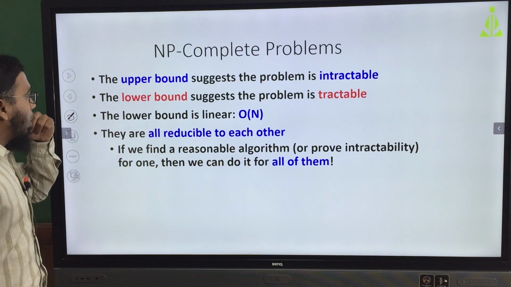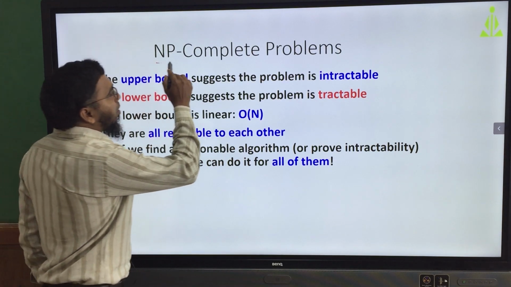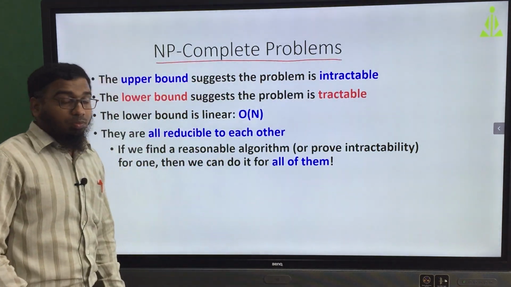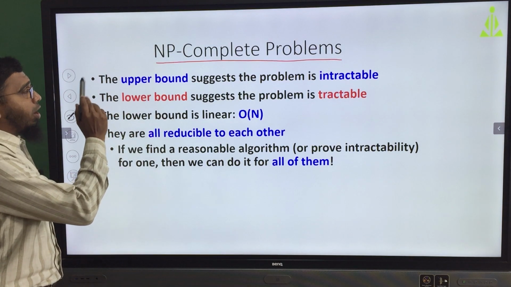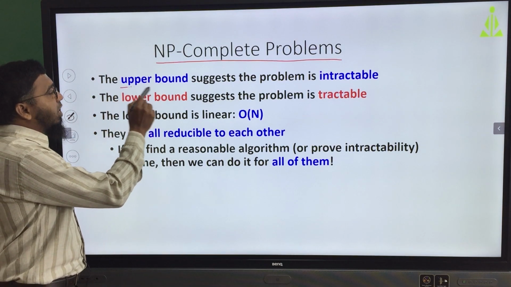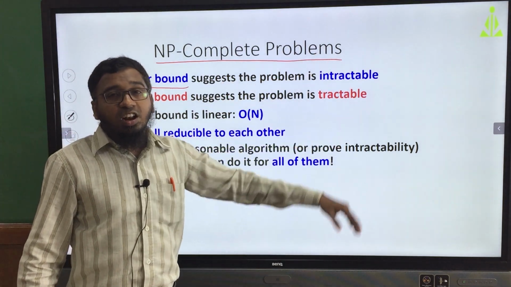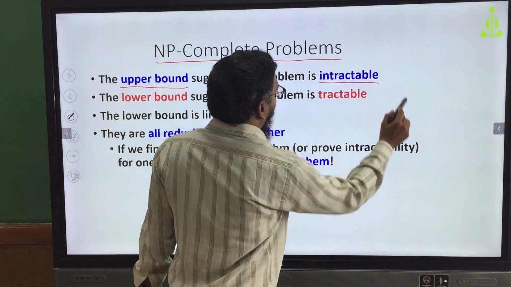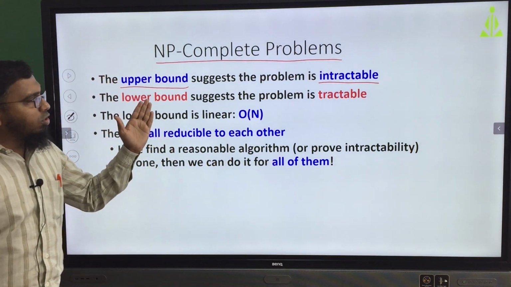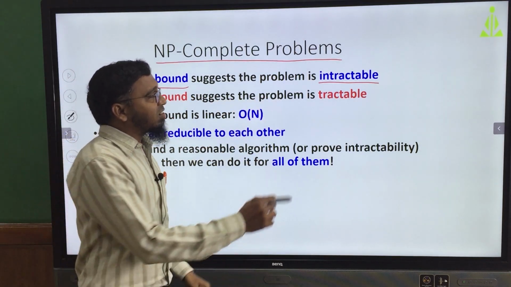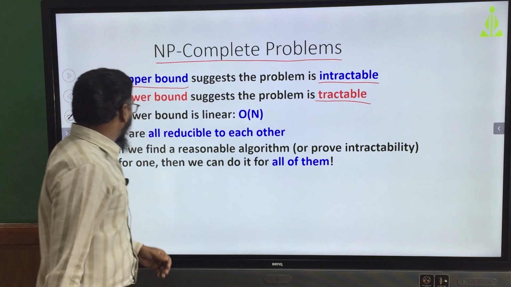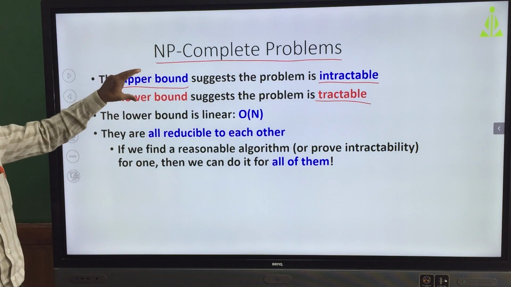Next, NP complete problems. In NP complete problems, the upper bound suggests the problem is intractable. The lower bound suggests the problem is tractable. This is the difference.